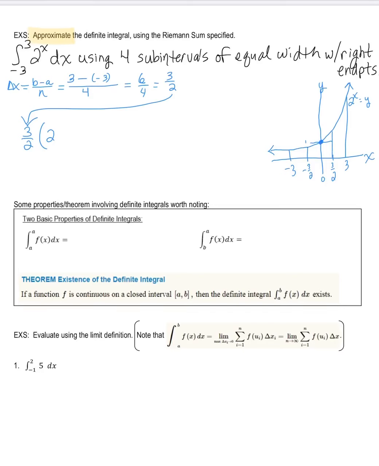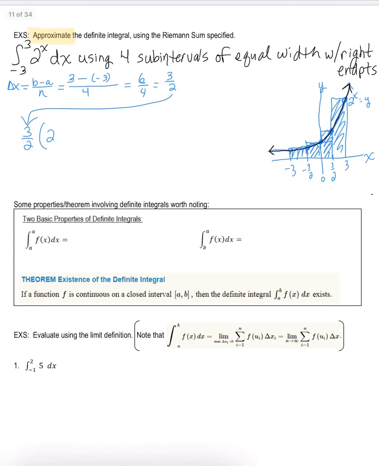And now using right endpoints, on each of these we're using the right endpoints. So this is roughly what my graph would look like. Okay, this one's kind of sloppy, but we've used the right endpoints on that. And so here was my function in there. All right, so a sketch sometimes helps.